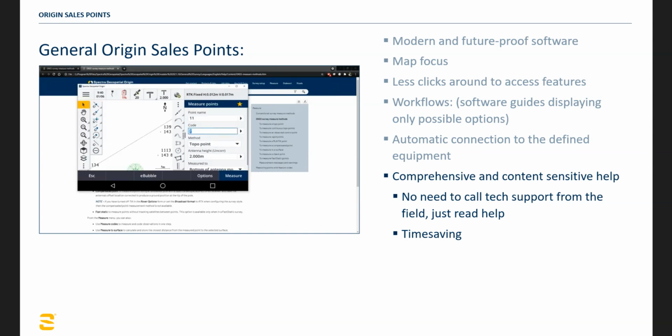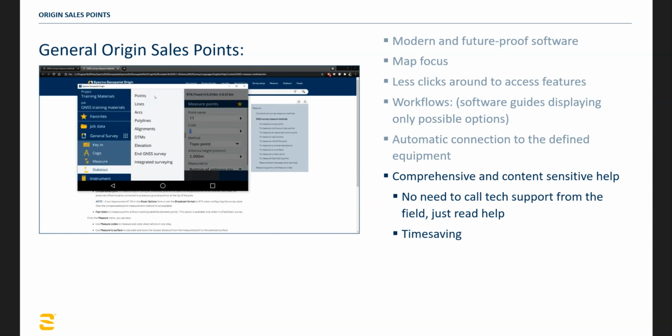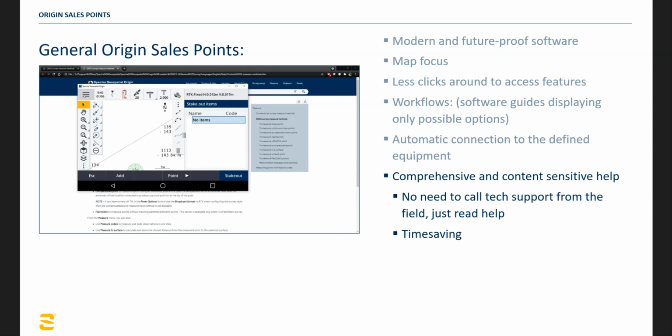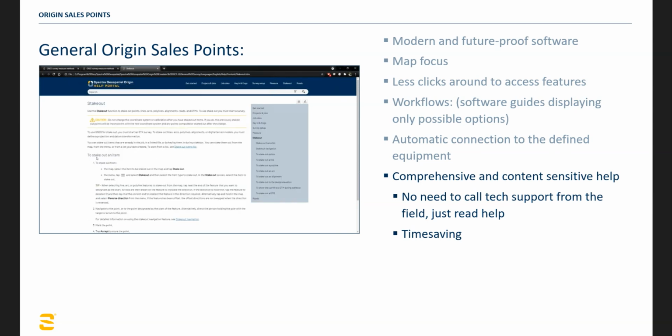All right, so coming back to Origin, let's switch to something else, like stakeout points. And then when I go to help, you will see that now everything is related to stakeout. It's not only text, there are hyperlinks inside, so you can navigate from here to other options. A very good and comprehensive tool, even in field operations.